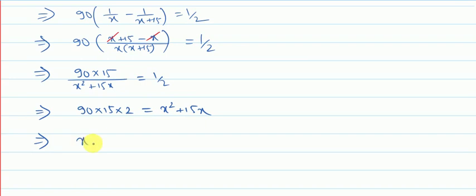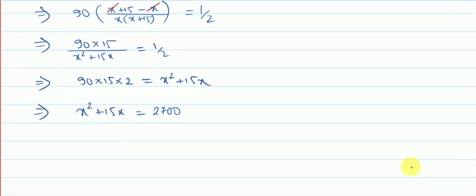Now you get x square plus 15x is equal to 15 into 30 and 90, so 90 into 30, you get 2700. Then you get x square plus 15x minus 2700 is equal to 0.